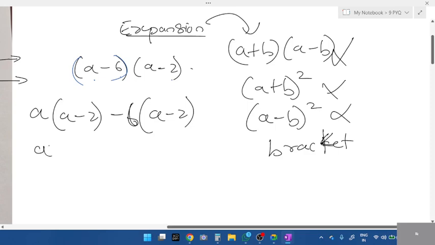A square minus 2A. Next, minus into minus is plus 12. Like terms? Yes. What is minus into minus? What's the final answer?